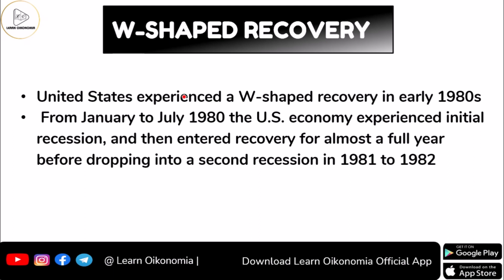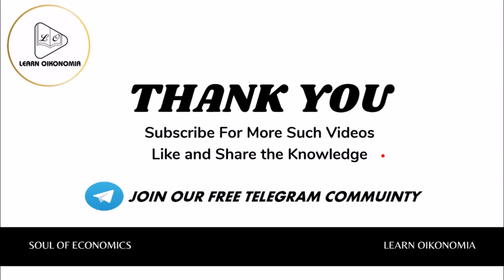Then it was taking several measures, steps, etc. to recover from the crisis, and it entered the recovery for almost a full year before it dropped down again to a second recession. And this happened in 1981 to 1982. Then also the American economy had gone for several policies which make the economy come up. So that's how it happened.